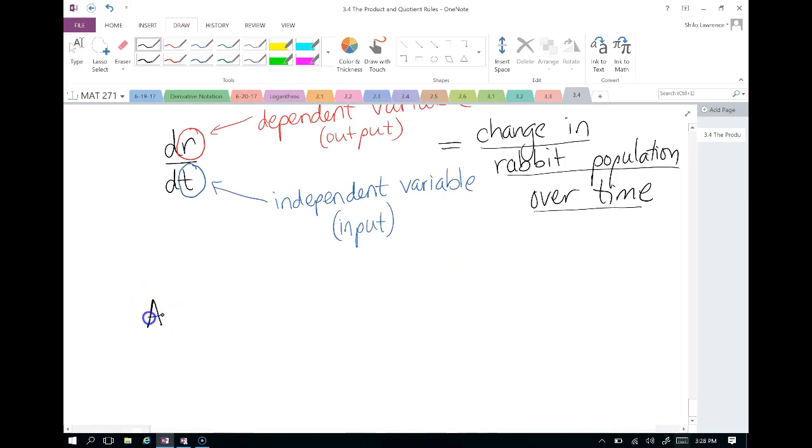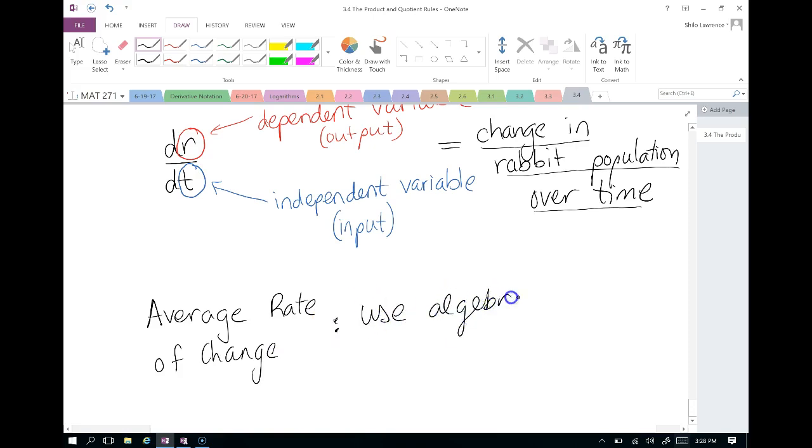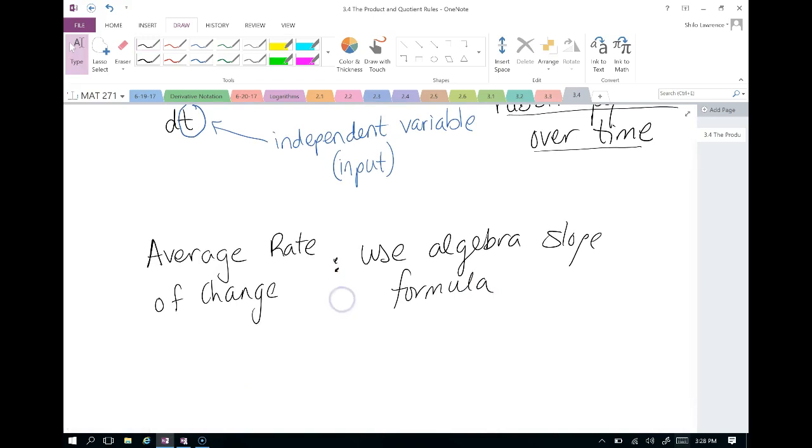If it's average rate of change, then we'll just use the slope formula. That means all we care about is comparing the beginning to the ending. So they'll usually give you an interval. They'll say find average rate of change on a to b.